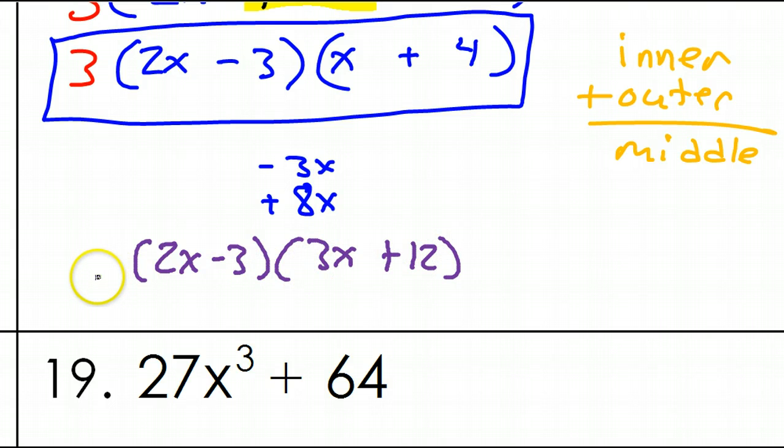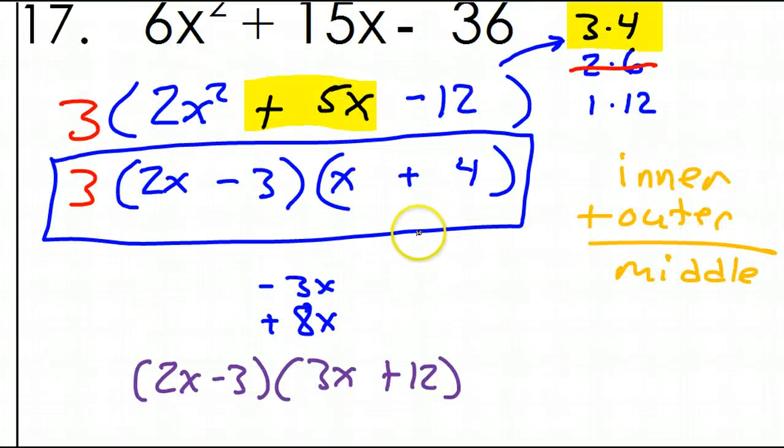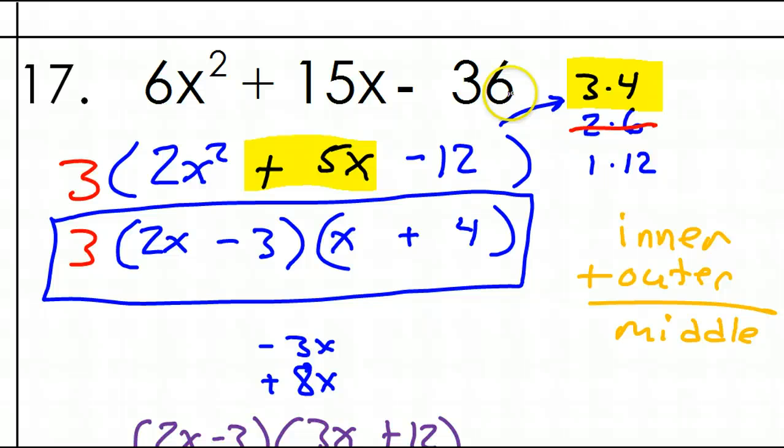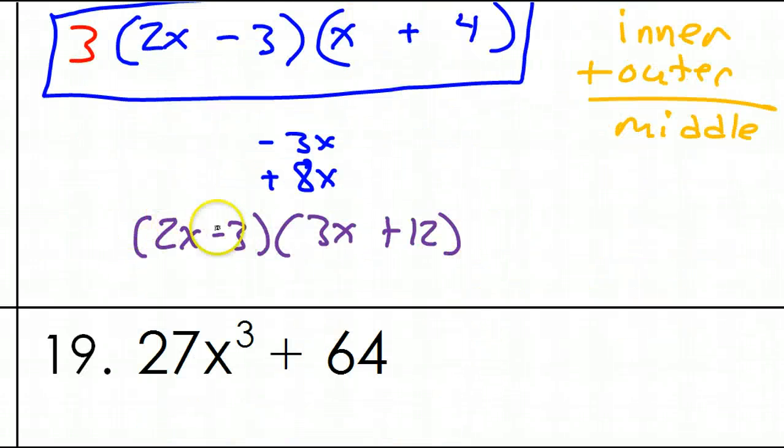So say if you got this answer, if you multiplied all this out, if you FOILed it or double distributed it, it would get you back to the original problem. So it's not that it's wrong, it's that it's not finished. Okay, and the problem is here. If you look at this set of parentheses, notice that both of these are divisible by 3. So there's a GCF in here, so it's not done.